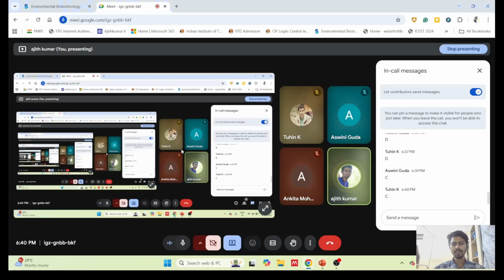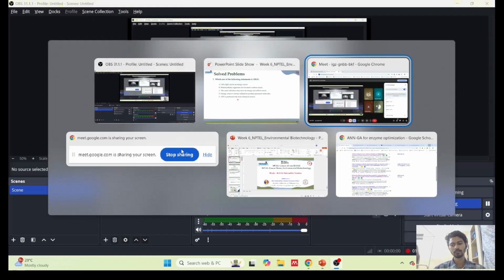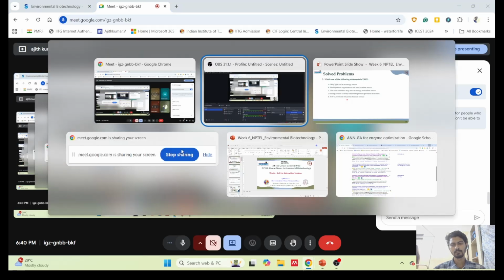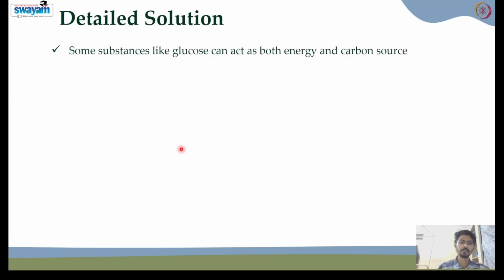Option C, okay. Okay, let's see the answer. Yes, it is option C because some substances like glucose can act as an energy and carbon source.